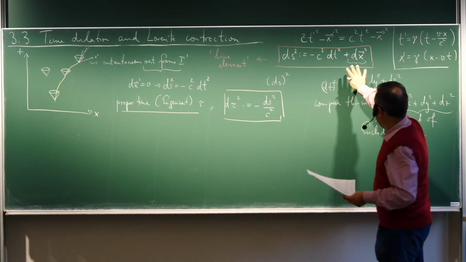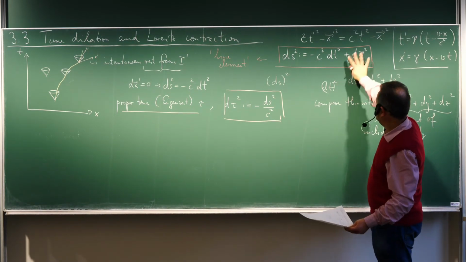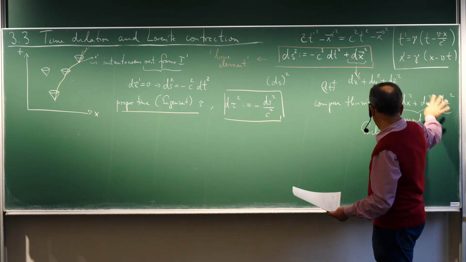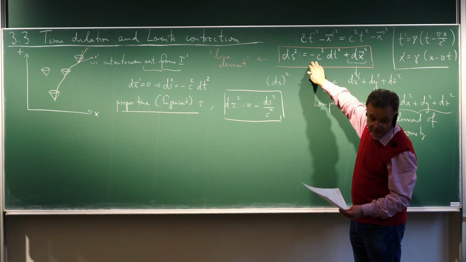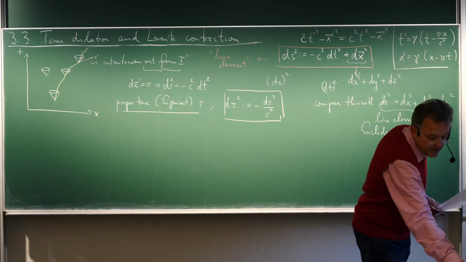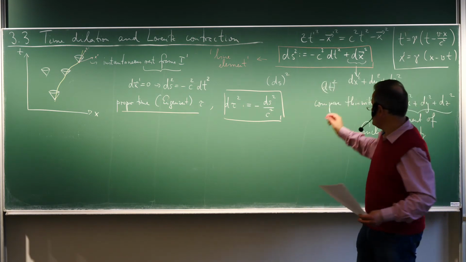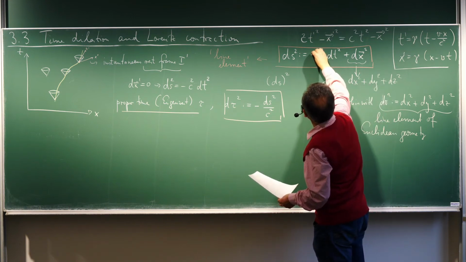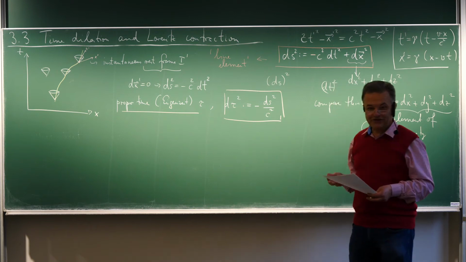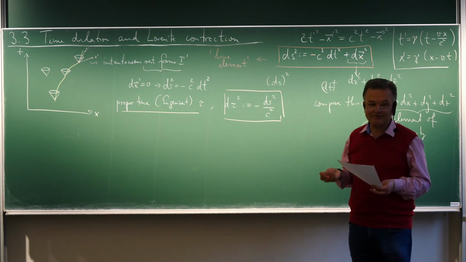But if you compare this, the three-dimensional part is the three-dimensional line element, but here you have also the temporal part, and you see the temporal part essentially has a minus sign. This is really the center of all of this, because otherwise you would not have a space-time.